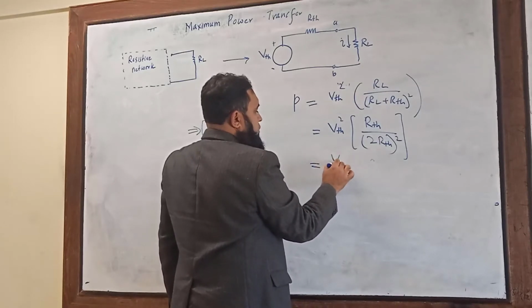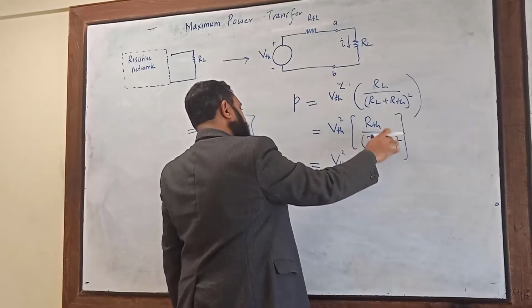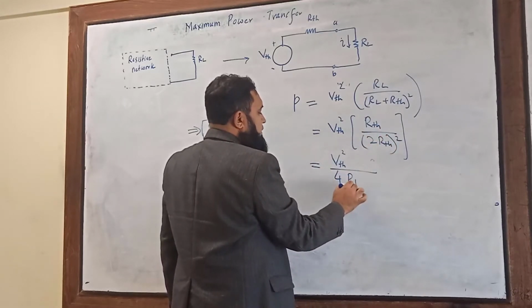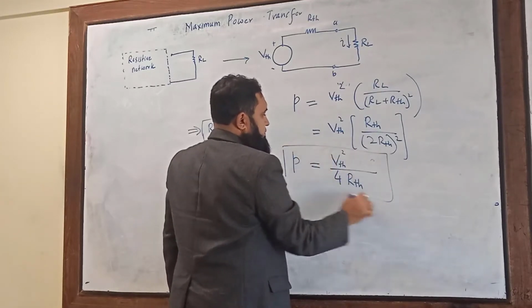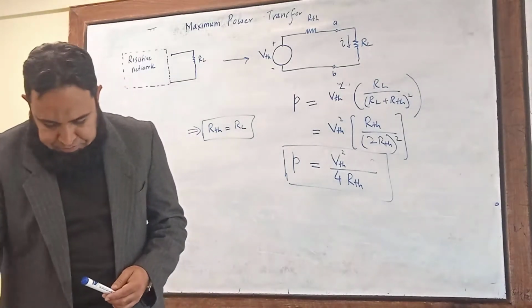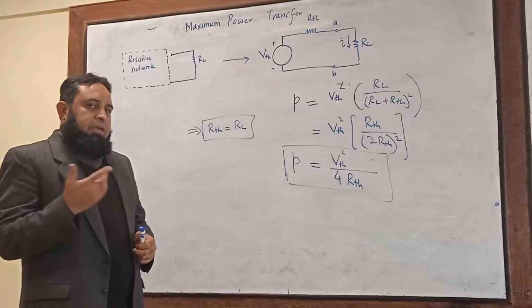So we have VTH square, RTH will cancel with one RTH, and you will have 4 times RTH. So this is the relation for the maximum power.